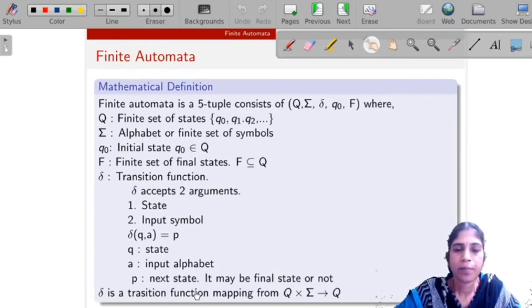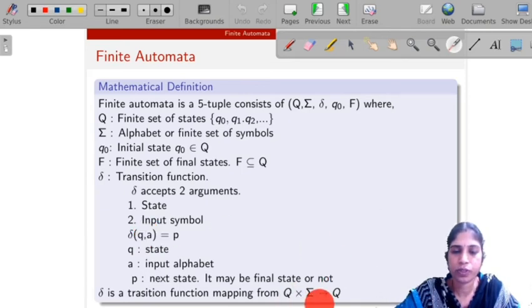Then delta maps from Q cross sigma to Q. That means delta accepts 2 arguments, state and the alphabet. State is a member of capital Q. So mapping delta, the transition function delta, maps from Q cross the second argument, which is a member of the alphabet, that is sigma.